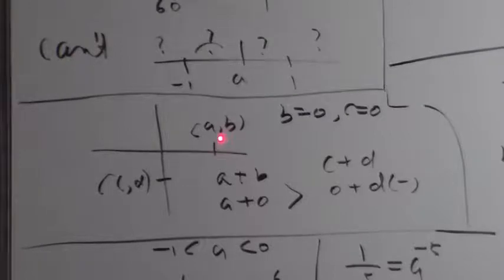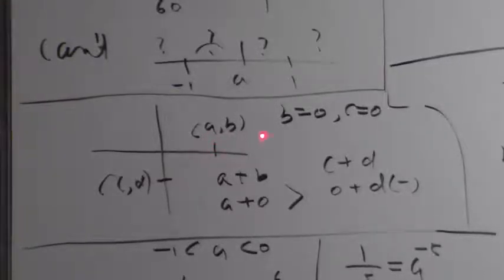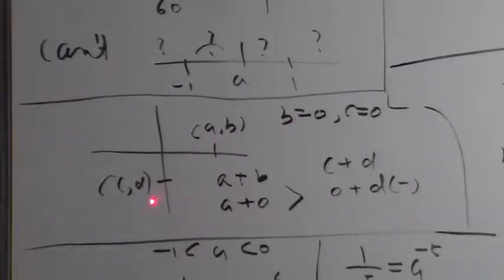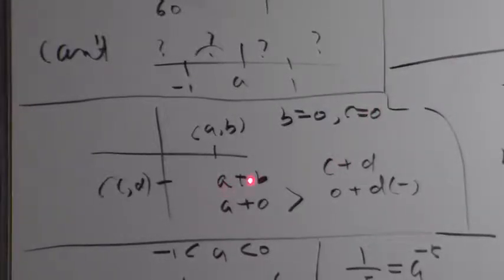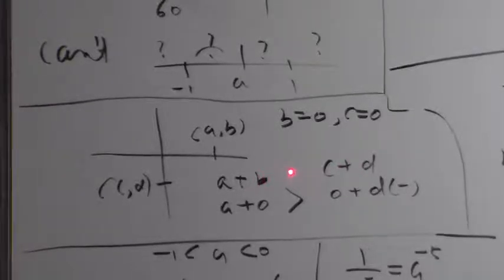Okay, look at this one right there. They're going to test you about X and Y location. From this, B is 0, right? Yes. How about this? C is 0, right? Okay. A plus B is greater or less than C plus D? So we can compare.